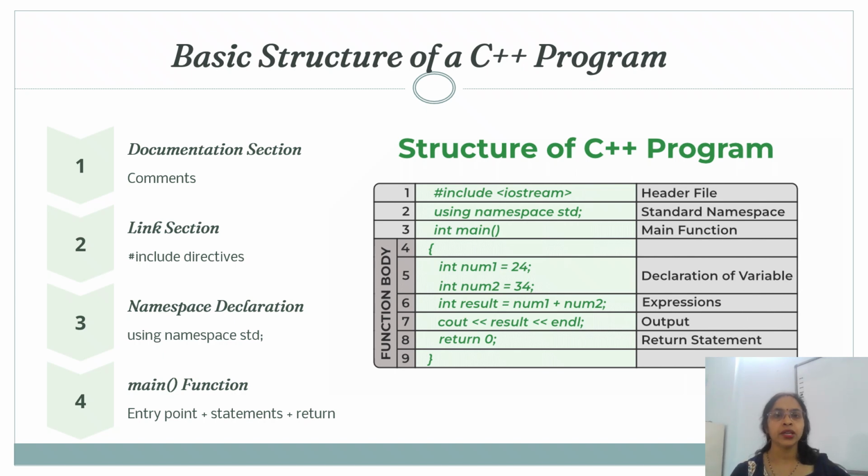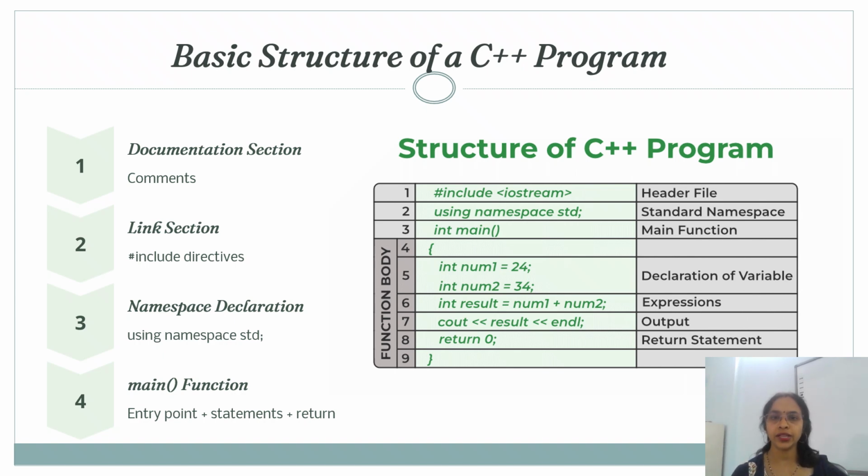Third is the namespace declaration, that is declared using namespace std. And fourth is the main function, that is the entry point, because all the statements and programs are written in the main function, and all the functions are called from here. And last is the return statement. So this is the structure of a C++ program.